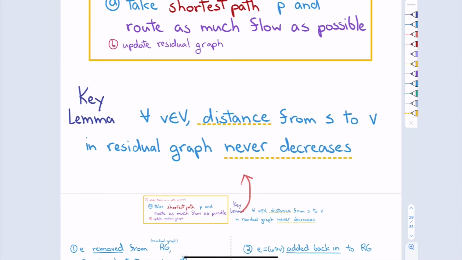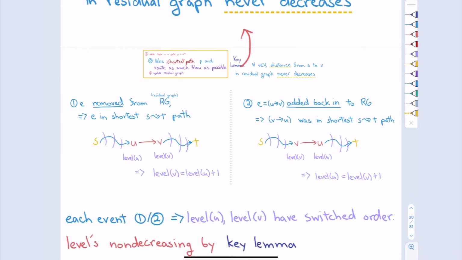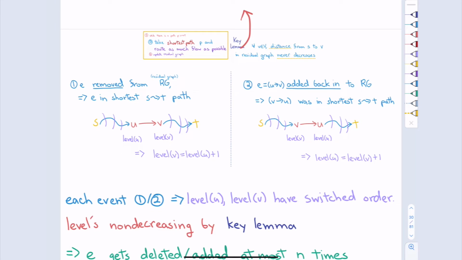And with that, we can argue that every time an edge disappears from the graph, an edge between point A and point B, it disappears.